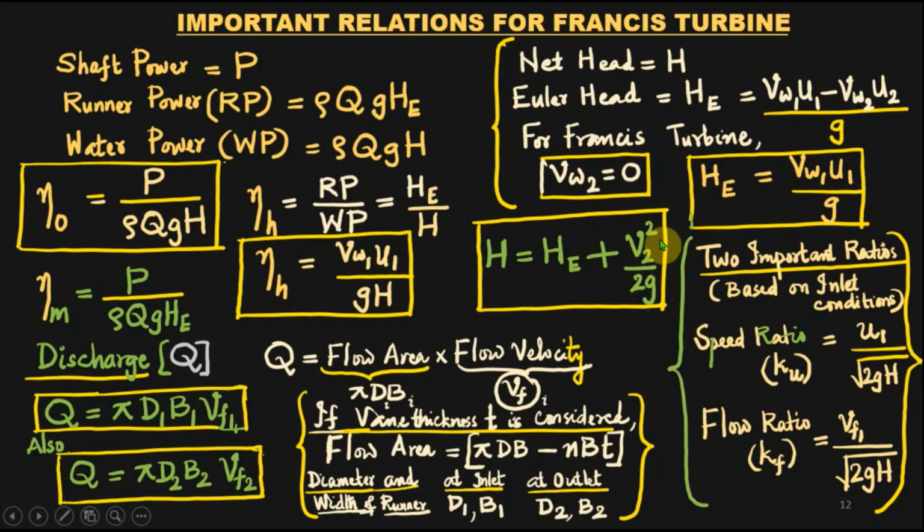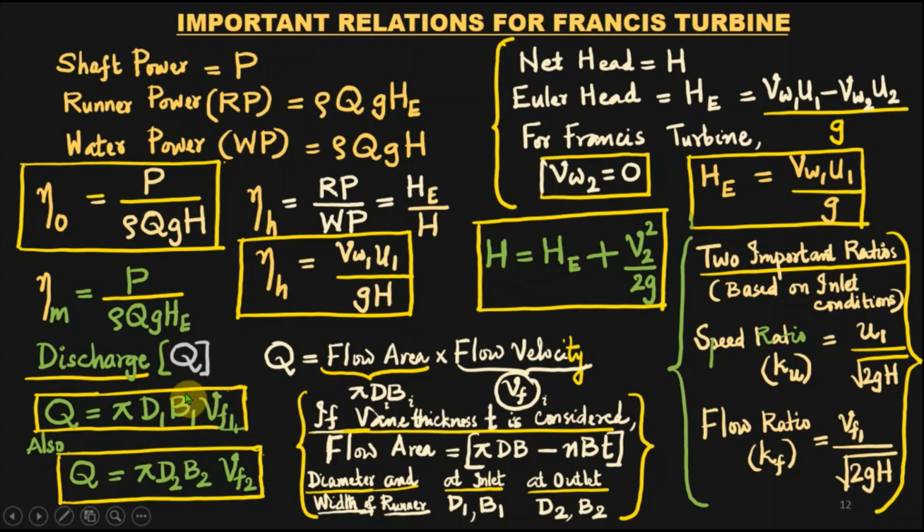So the velocity head associated with water at the outlet of the turbine runner is V2 square by 2g. And if you ignore the other kinetic energy losses, then the net head will be equal to the runner head plus V2 square by 2g. This is very important for solving numerical problems, for relating the runner head with the net head.